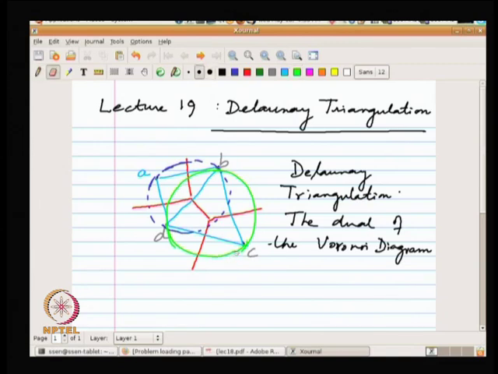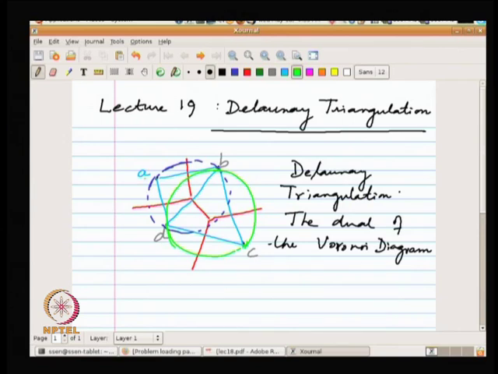But one thing you will notice, of course, this is only a small diagram of 4 points, is that the circumcircle of ABD does not contain the point C. Okay. And likewise, the circumcircle of DBC does not contain the point A.